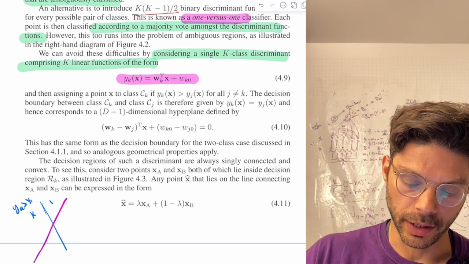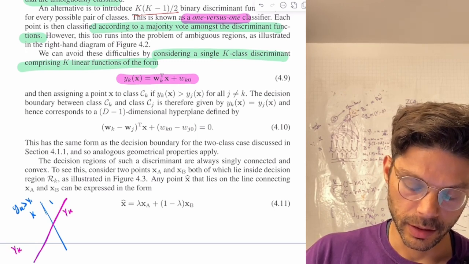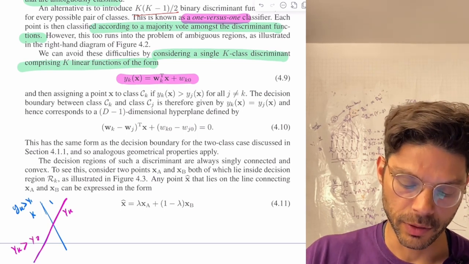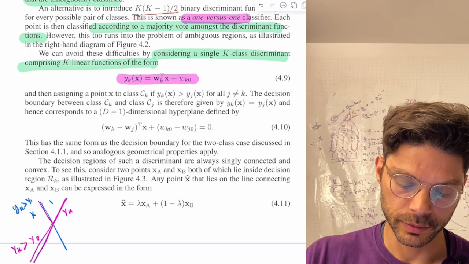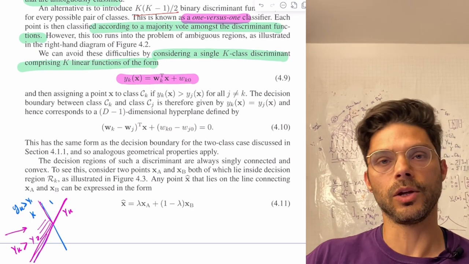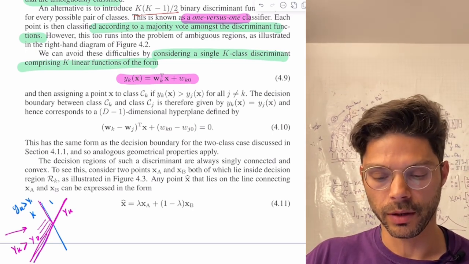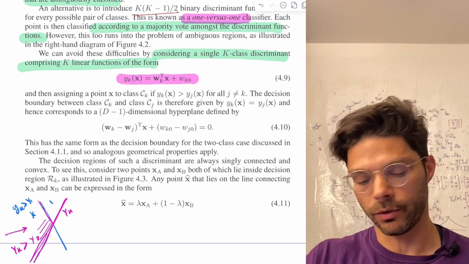On this side, y_k is greater than y_2. So the points in here are the region where y_k is greater than both y_1 and y_2 for all the x's in there.